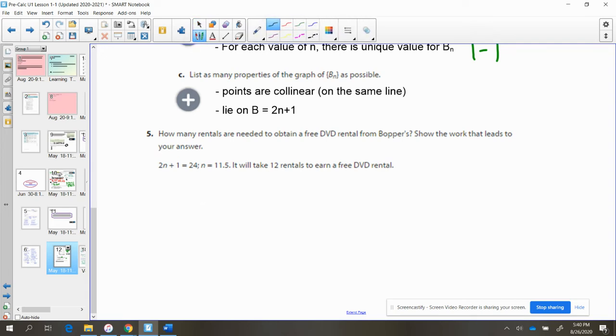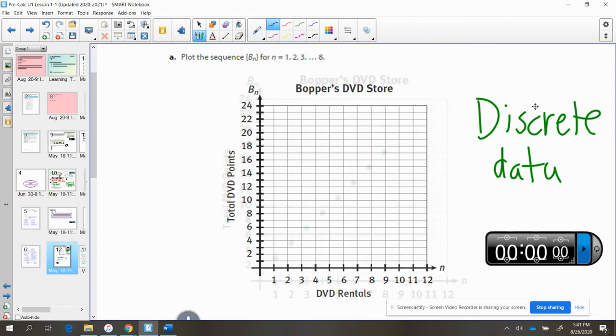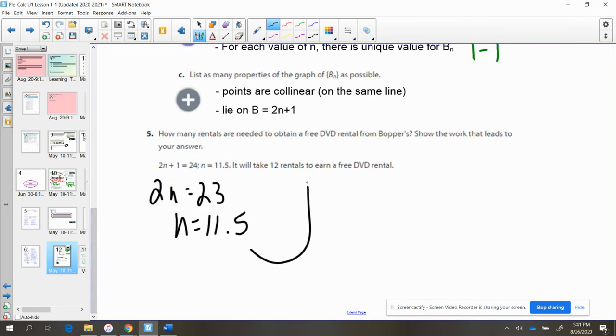As we solve by subtracting 1 from both sides and dividing by 2, we get that it would take 11.5 rentals. Well, we just talked about up above that this is discrete data, and there isn't such a thing as rental number 11.5. So really, we have to round up and say it takes 12 rentals.